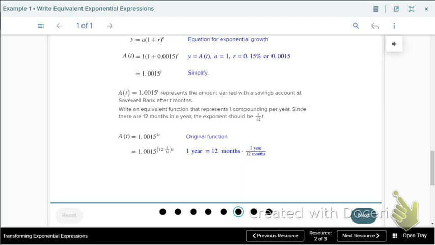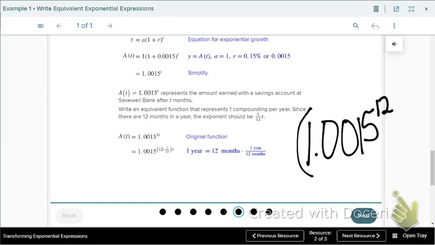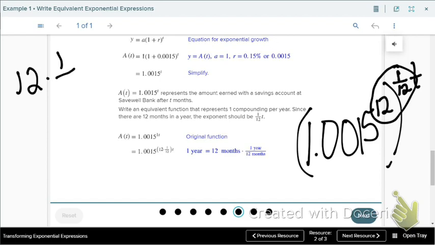So that 12 that's outside there with the 0.0015, we're going to take the 12 and put it here, and then put the 1/12 t out here. Because remember, a power to a power, we multiply. 12 times 1/12 is still just 12 over 12, which is 1.